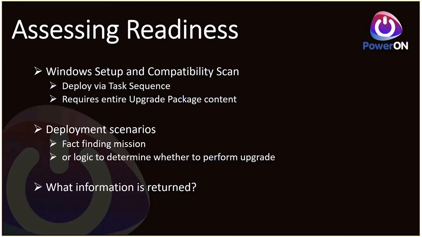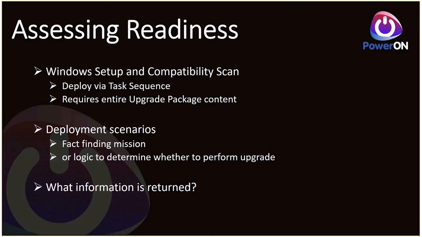Okay, so let's look at how to get started with planning, like readiness assessment. One great feature of the in-place upgrade is that we can actually assess the readiness of the machine using a task sequence and a servicing step within that task sequence, and deploy that out to your estate to get some information back on the suitability of the current estate in terms of moving to Windows 10.